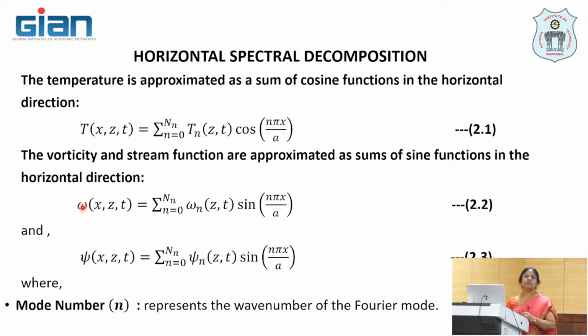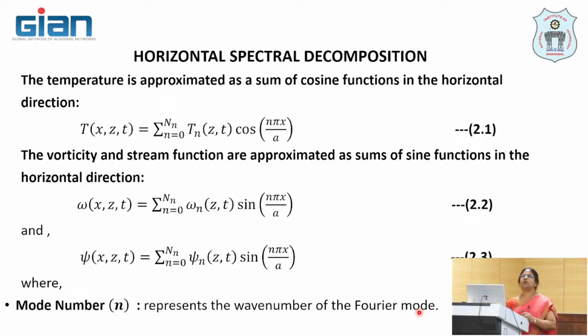Similarly, we write omega and psi here. We choose sine and cosine such that they satisfy the boundary conditions. The boundary conditions we have considered here are stress-free boundary conditions. n represents the wave number of the Fourier modes.